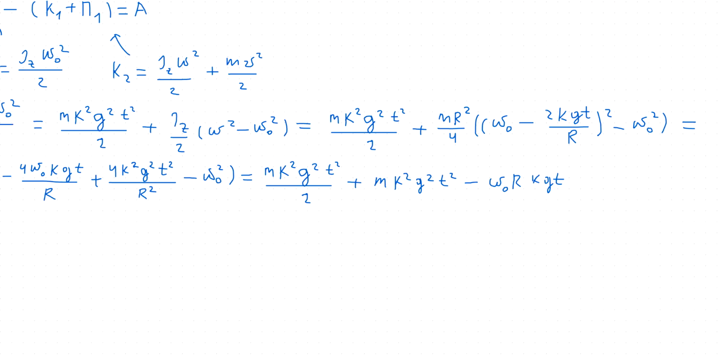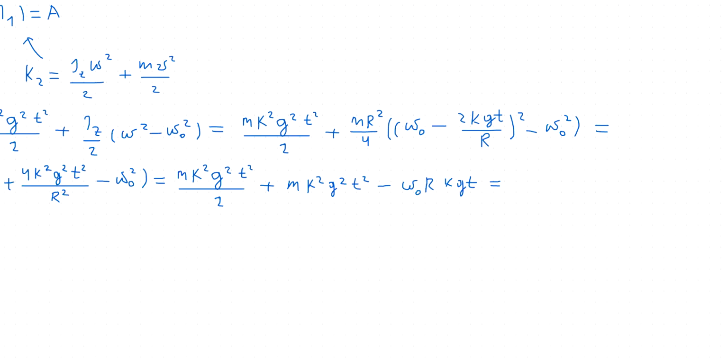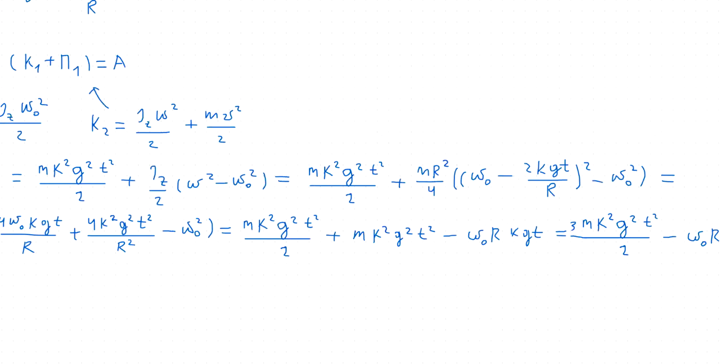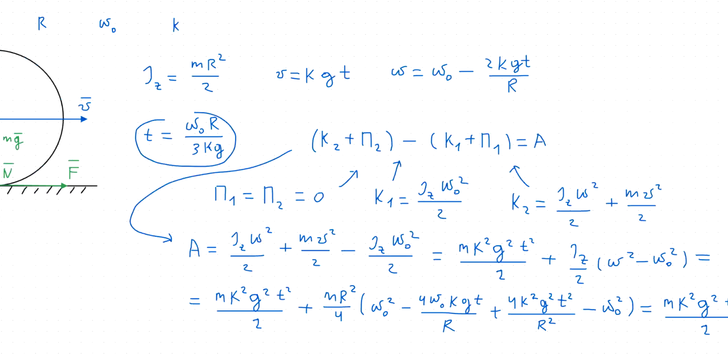And it will be 3m k to the power of 2 g to the power of 2 t to the power of 2, and minus omega 0 r k g t. And now it is necessary to use this.